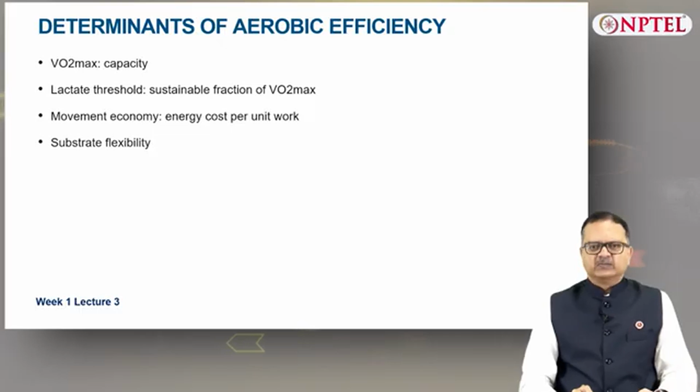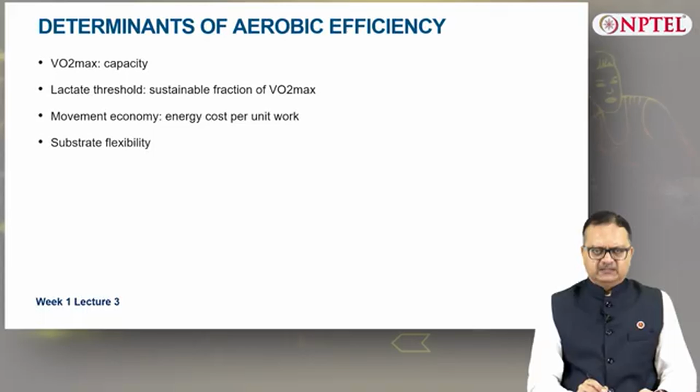There are some determinants of aerobic efficiency. VO2 max. Higher the VO2 max, higher the aerobic efficiency. Lactate threshold. Now, lactate threshold, I'll be discussing it a bit more in a future slide, so I will keep it for that.